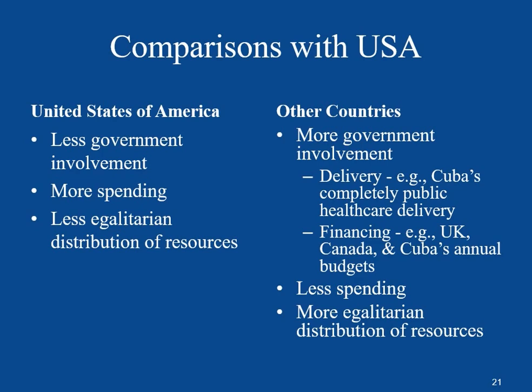With other countries, there's generally more government involvement, meaning delivery. Like in Cuba, there's completely public healthcare delivery. And like in the UK, Canada, and Cuba, there's financing from annual budgets. Also in other countries, you see much less spending than you do here in the United States. And there's more egalitarian distribution of resources.